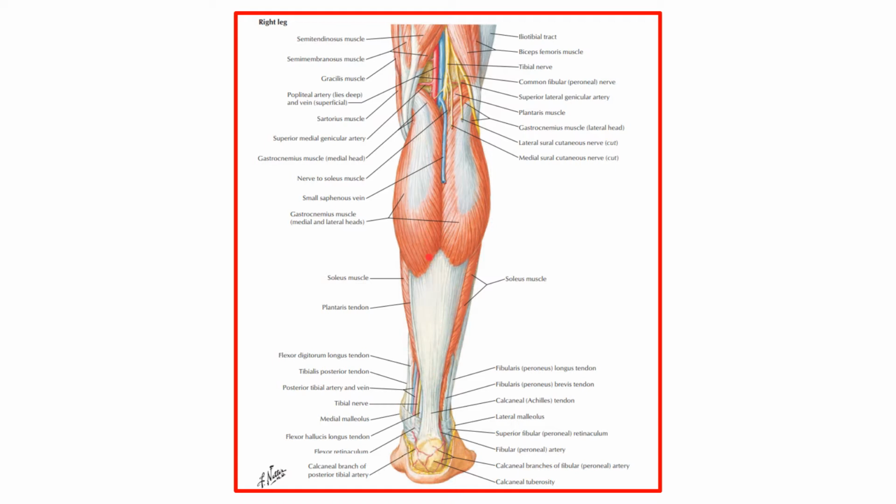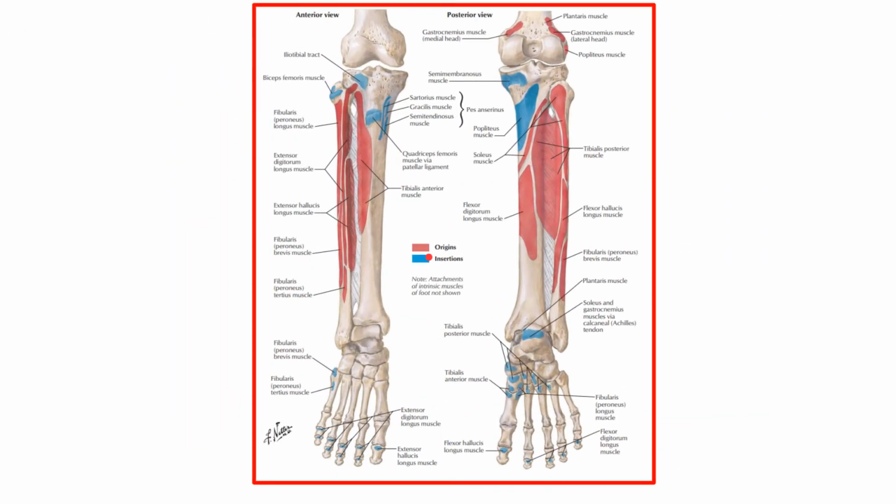Now its origin is from the lateral and medial condyles of the femur. Here we have the lateral epicondyle and the medial epicondyle. The lateral epicondyle continues with the supracondylar line.